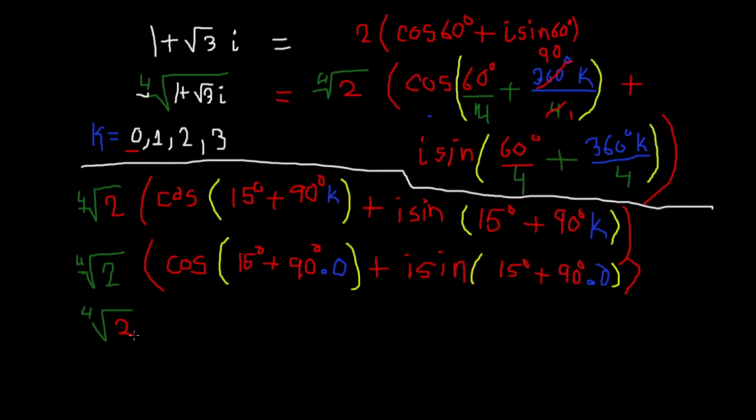So this will just end up being 4th root of 2 times cosine of 15 degrees plus I sine of 15 degrees.